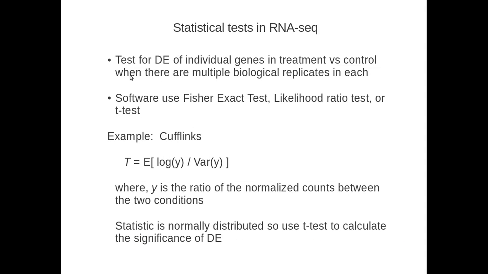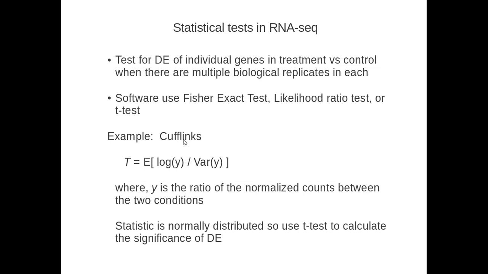Once we have the model and we have ways of estimating the variance in the model, we then can test for differential expression of genes in our experimental design that I showed you, where we have treatment versus control. Different software uses different statistical tests. Some use Fisher's exact test, some use likelihood ratio testing.